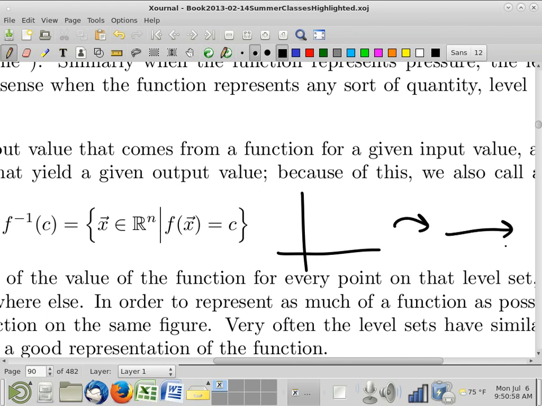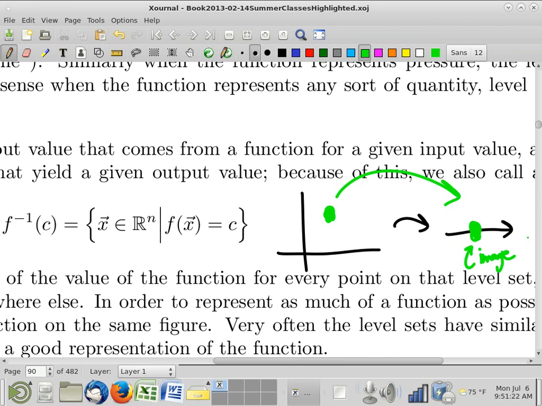Again, here we're looking at a real valued function, and keep in mind some old terminology we have is that if you have an input point, the corresponding output point here is called the image. That's the image of the input point. It's what comes out of the function given that input.